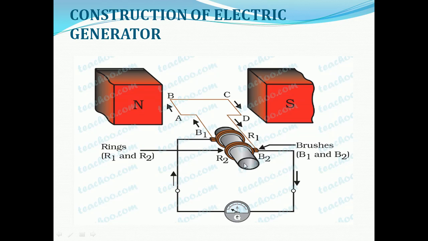The inner side of the ring is insulated and attached to the axle, and the axle is rotated to rotate the coil. The brushes are attached to the galvanometer to show the flow of current in the circuit. So this is about the construction of the electric generator. Understood?